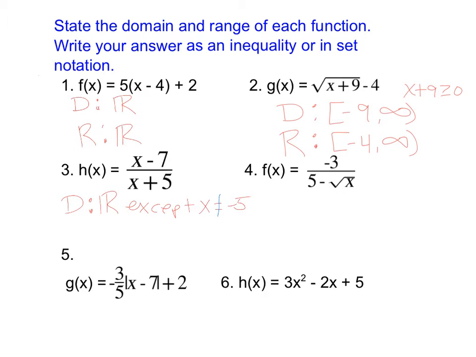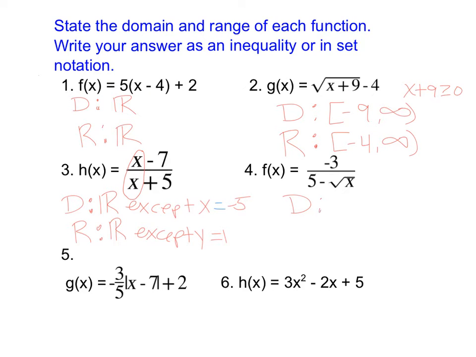So put x equals all real numbers except x equals negative 5, or you could put all real numbers and x cannot equal negative 5. Don't put both. Your range, if you remember, the horizontal asymptote is not in the range. So if you take your x's and you divide them, you get 1. So this is all real numbers except y equals 1.